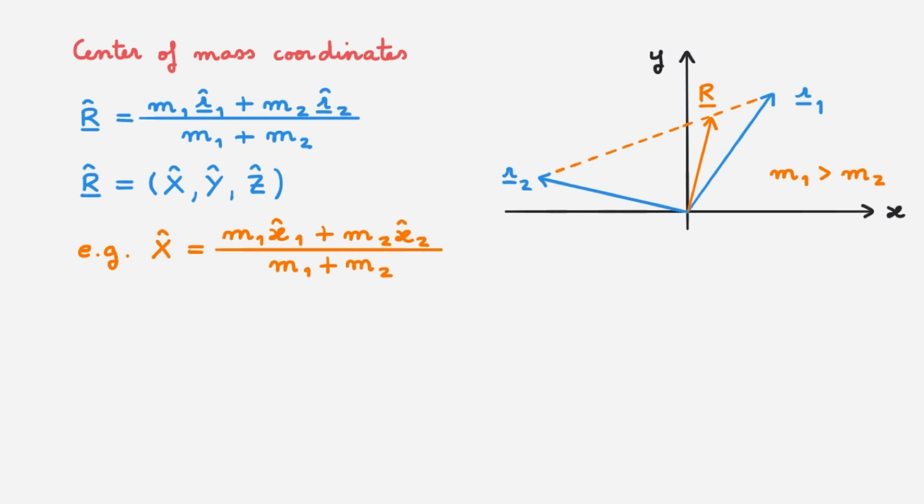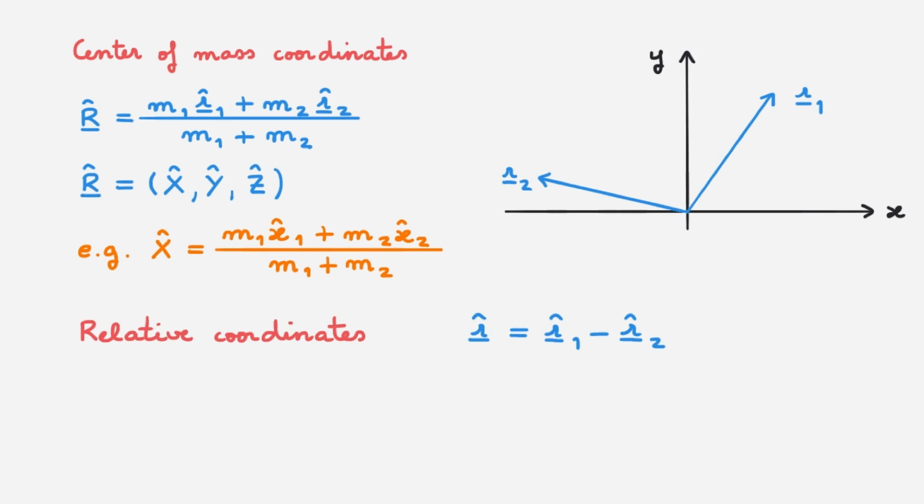The second set of coordinates we need to define are the relative coordinates. We're going to label them with a lowercase r and define them as the relative vector between the two particles. Note that I'm using lowercase r's for all of these coordinates, but when I have a subindex 1 or 2, they refer to the positions of the particles, and when I don't have a subindex, they refer to the relative positions of the two particles, so keep this in mind.